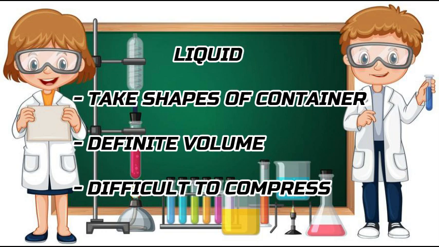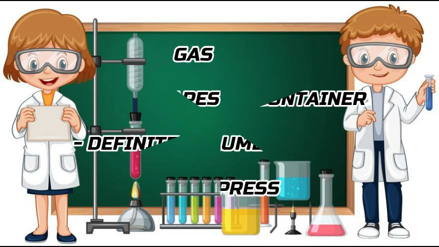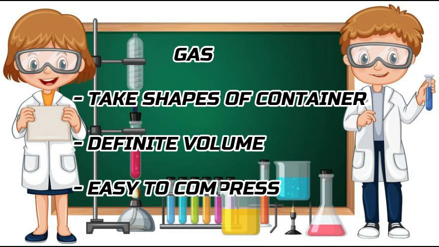It takes shape of container. And it is difficult to compress. And for gas, it has no definite volume. It takes shape of container. And it is easy to compress.